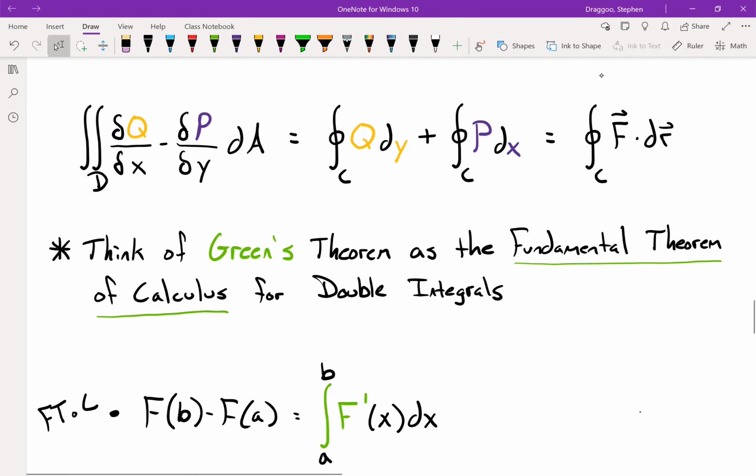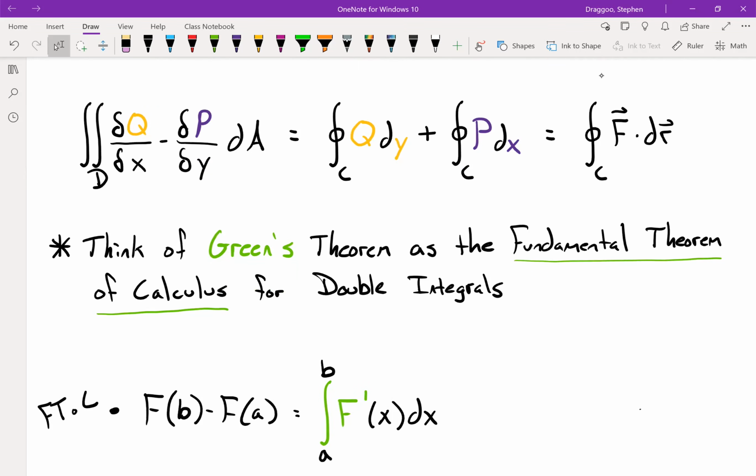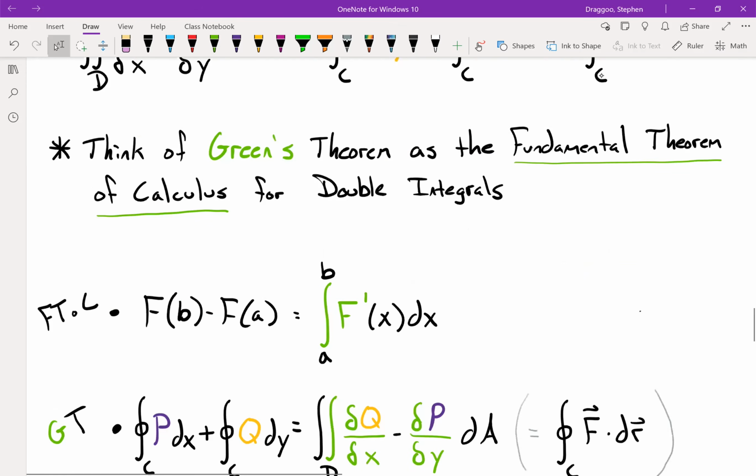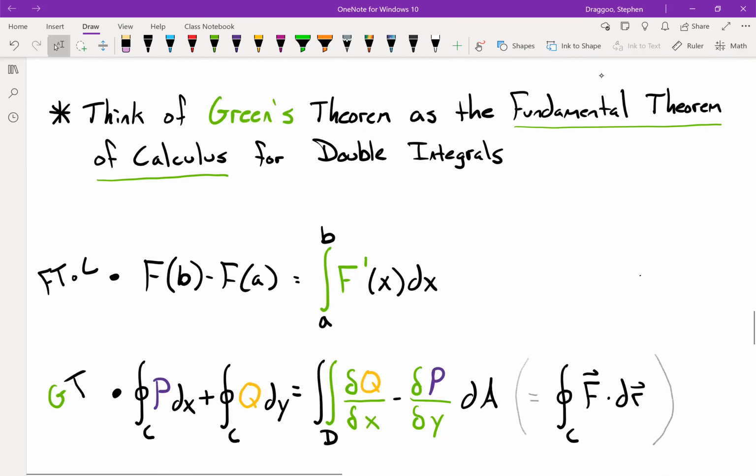So if we just recall what that fundamental theorem is, it says that if I integrate the derivative of f from a to b, then that's the same as evaluating the original function f at its two endpoints, b and a, and taking the difference. Fundamental theorem of calculus said that that's what we wanted to do. And we want to relate that idea to Green's theorem.